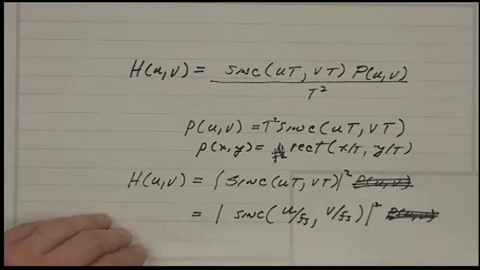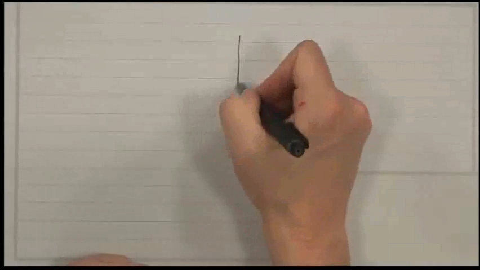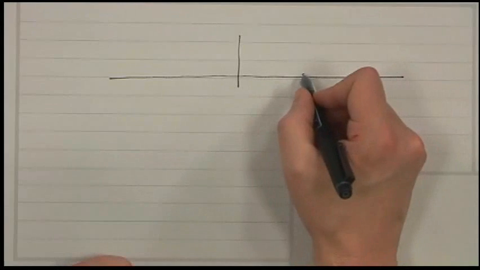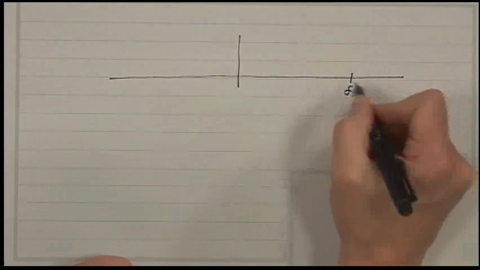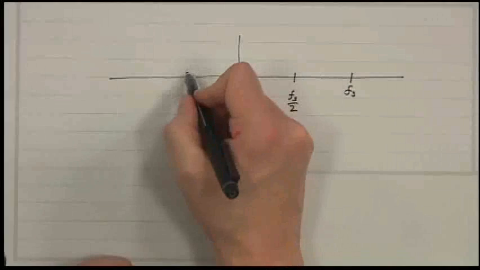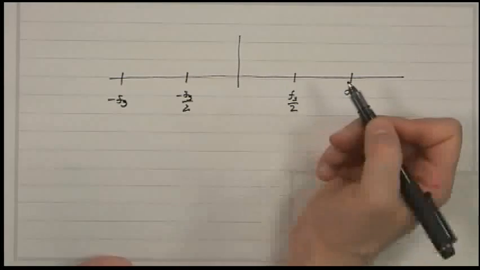Okay, now so now we can plot a Sinc function. Okay, so this is Fs. This is Fs over 2. This is minus Fs over 2. This is minus Fs, okay?